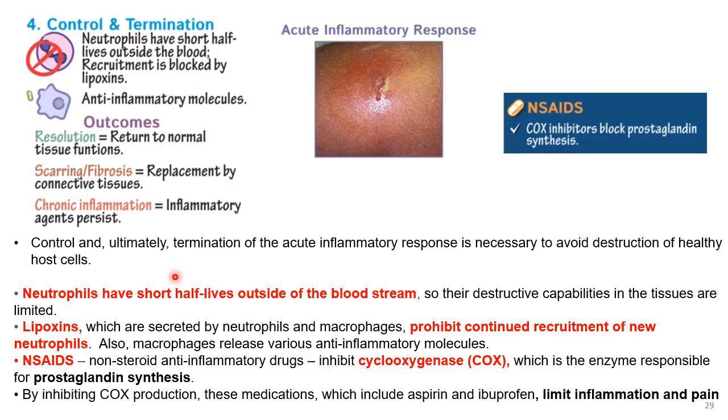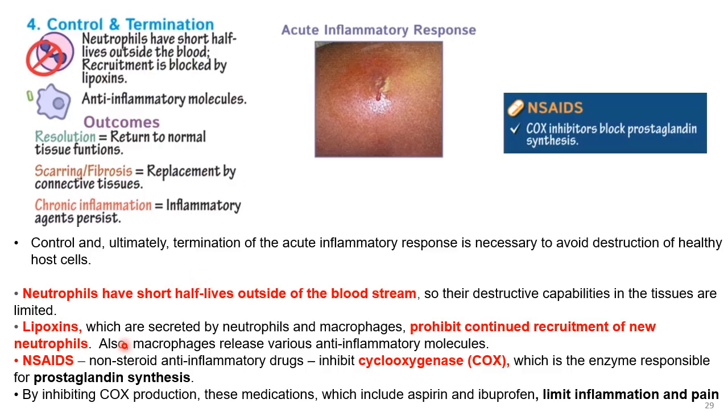Okay, so here you have your redness and swelling and everything else going on with it. And what you should know is that the inflammation is going to resolve relatively quickly. Those neutrophils get to the site of the damage. They are very good at causing inflammation, but they're very, very short-lived, especially if they are in the tissues and not in the blood. So they're going to die quickly.